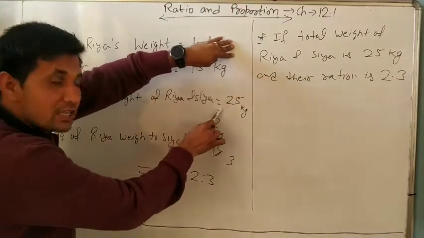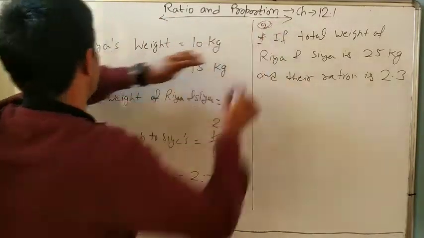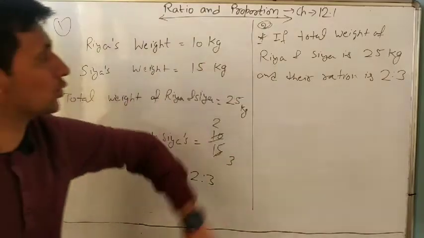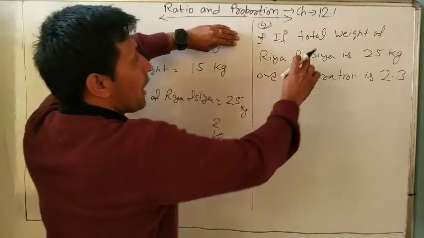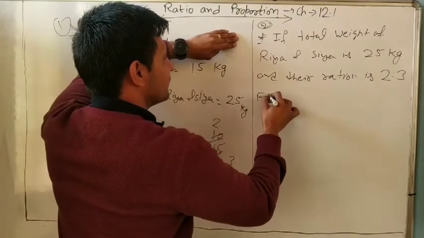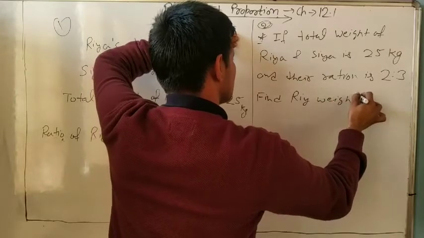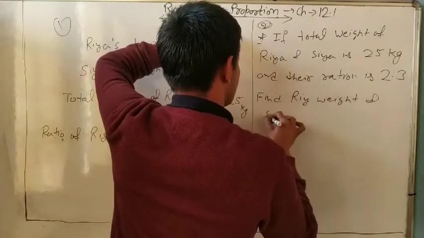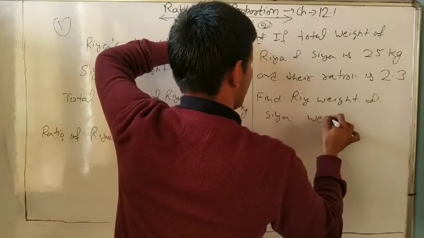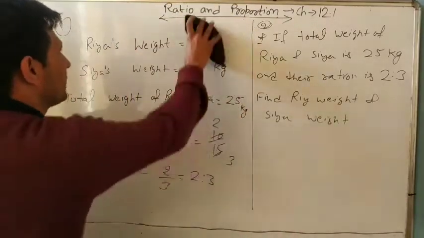Now the total weight is given. These are two types of questions, 1 and 2, and we already learned the first. Now in question type 2, the total weight is 25 and we have to find Riya's weight and Sia's weight. How will you find it?